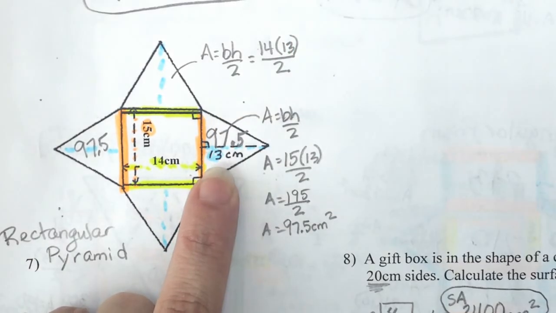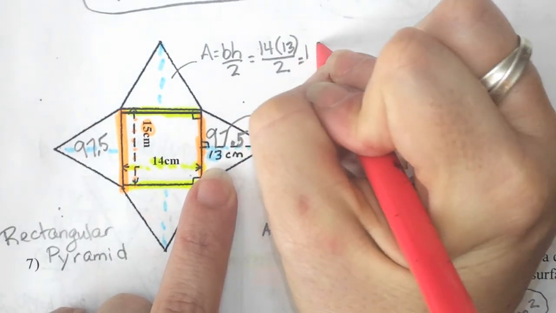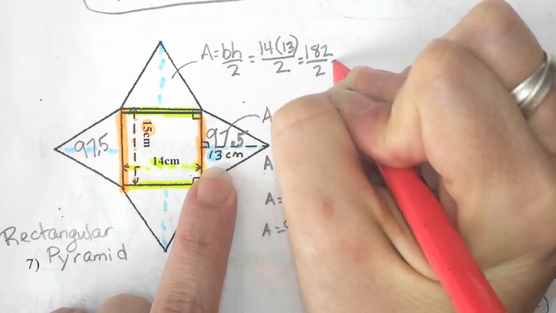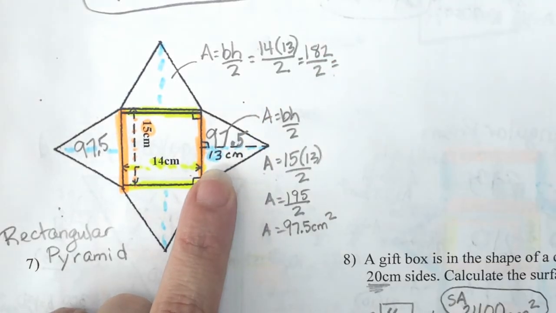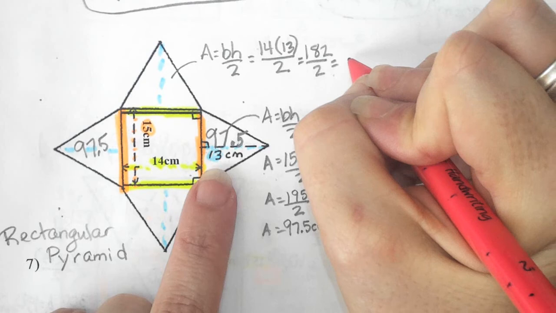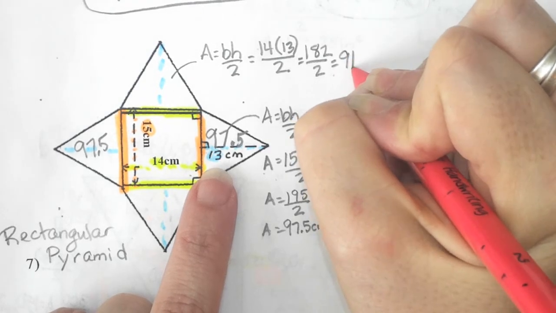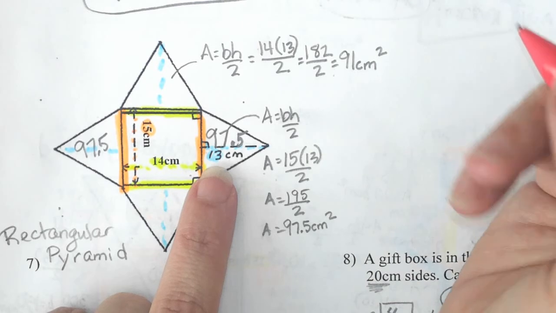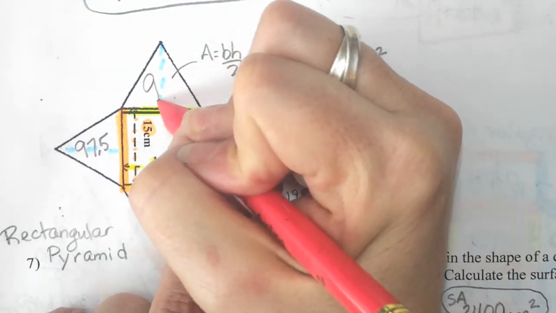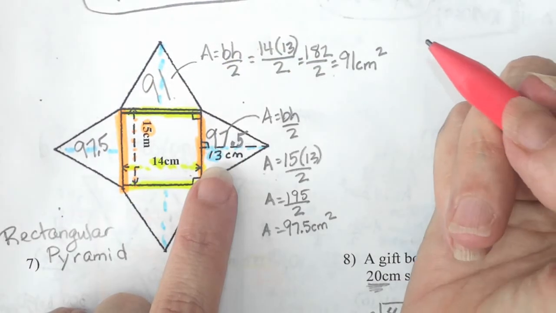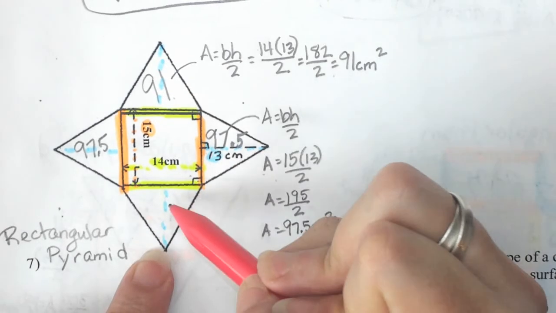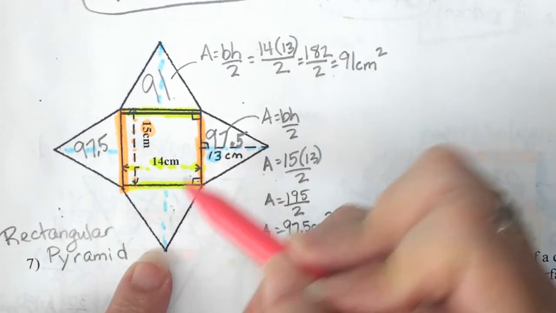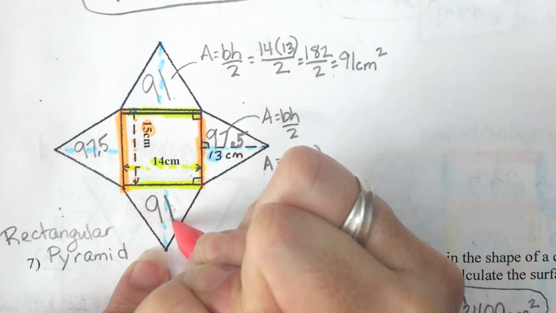Divide by 2. Okay, so this triangle is 91. This one's also yellow and blue. It is 91.